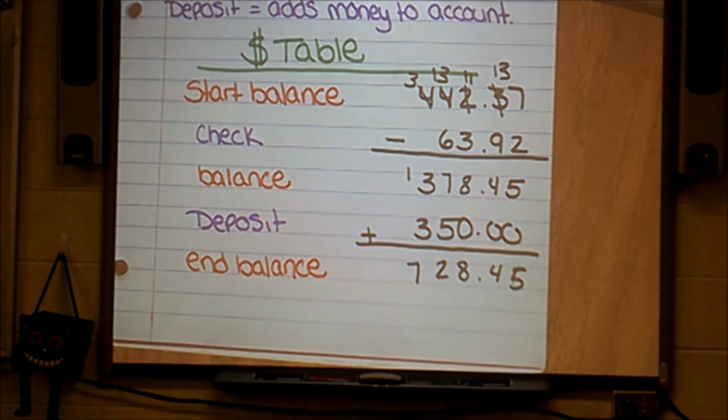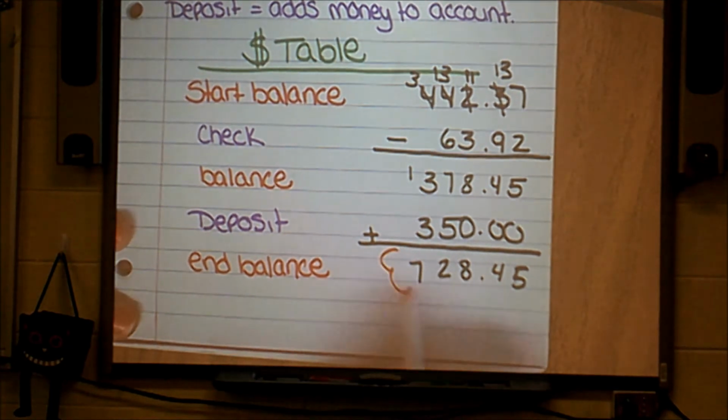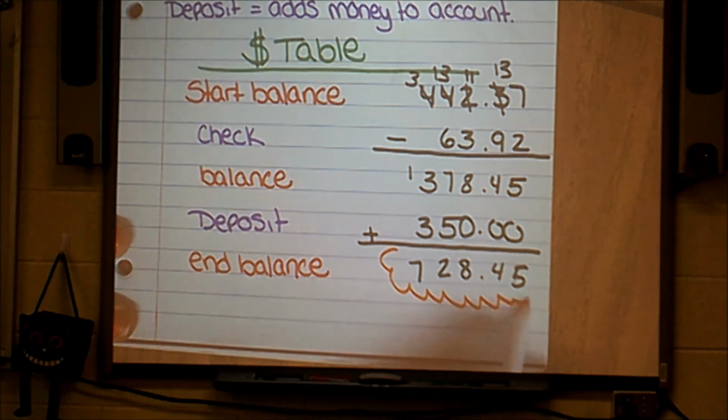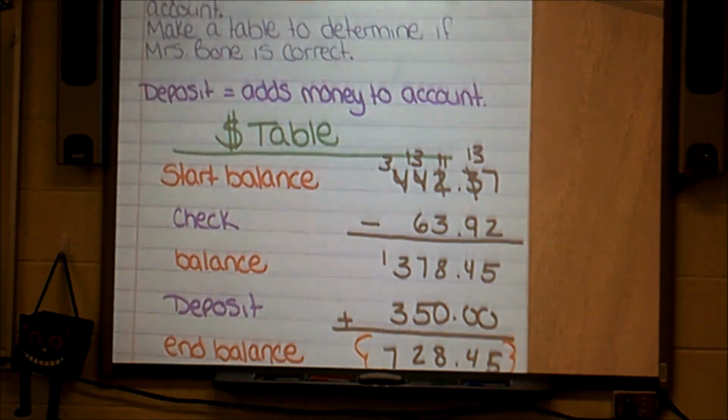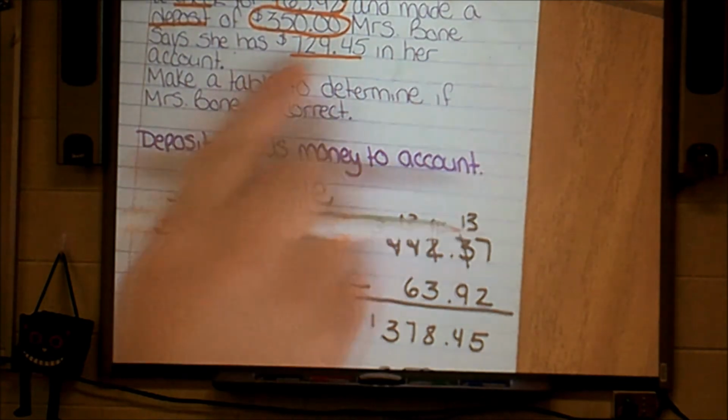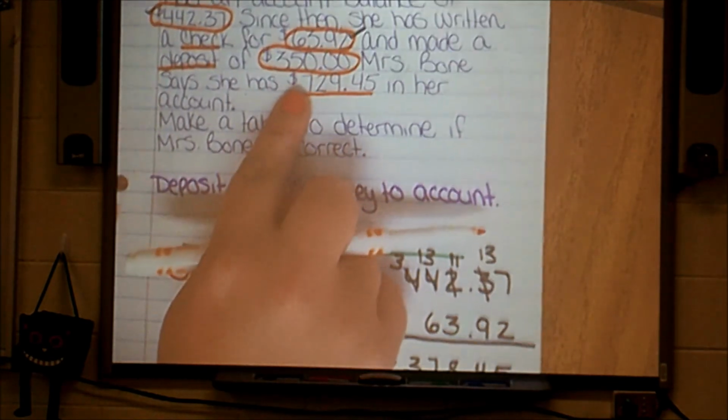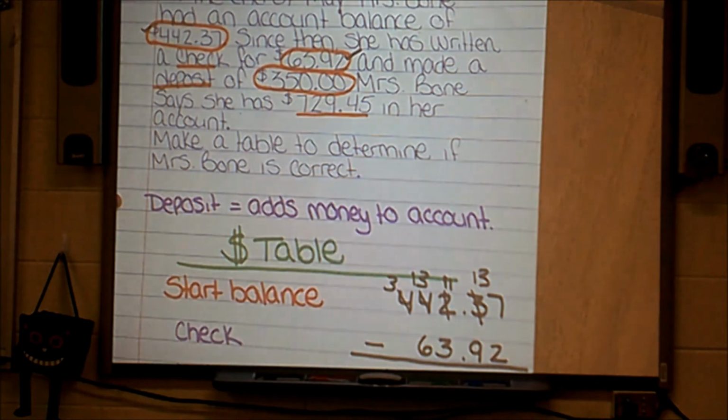So the total ending balance is $728.45. Going back to my story problem, Mrs. Bone says that she has $729.45.